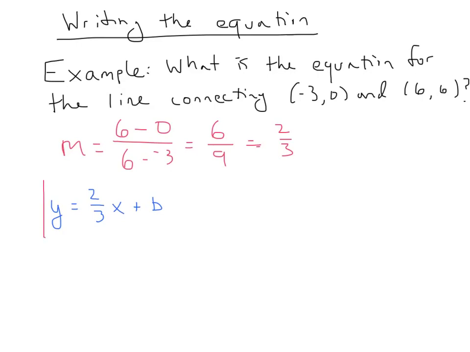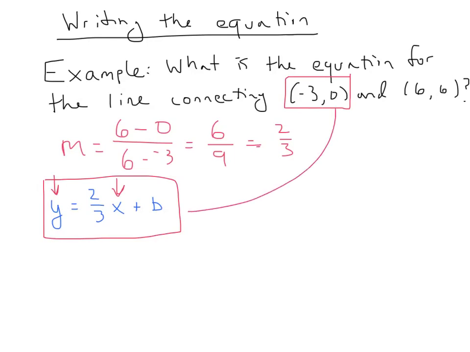Now this equation for the line should be true for any x and y that lie on the line. In particular, it should be true for these x and y that I know lie on the line. So I'm going to plug them in here and start solving for b. y is 0 now, and that's 2/3 of x is negative 3, plus b.